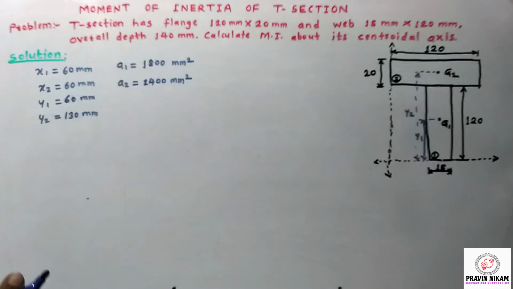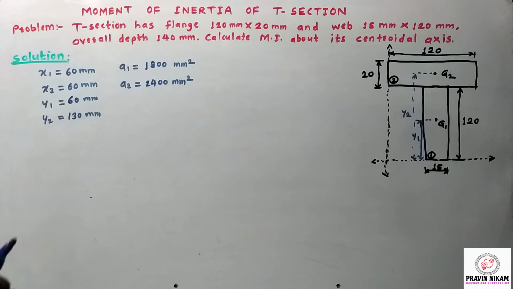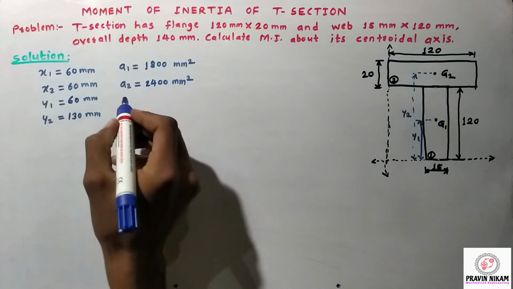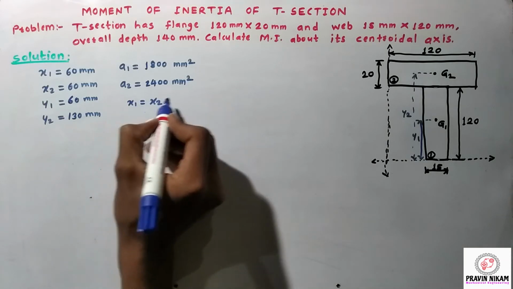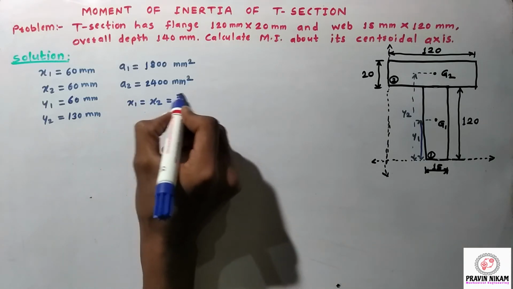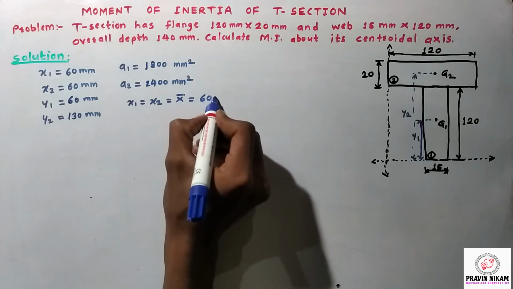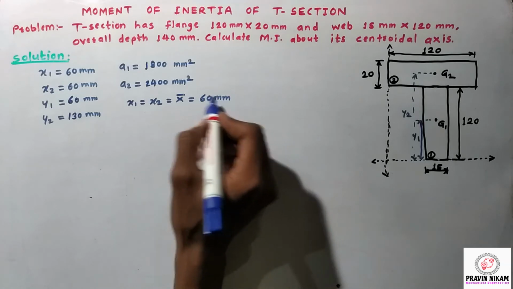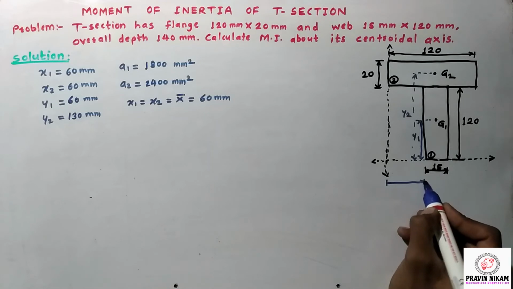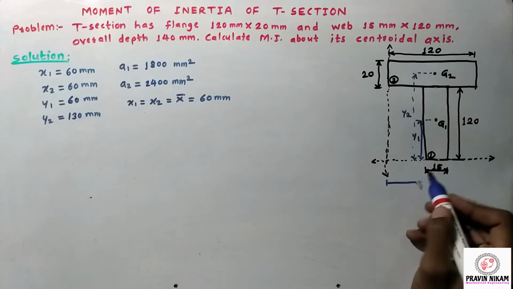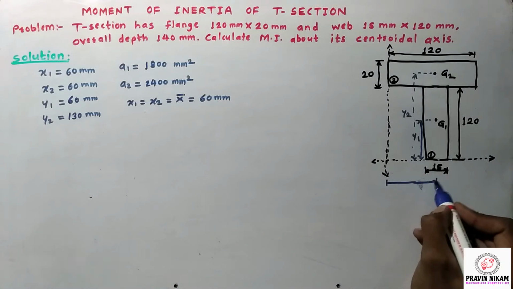So this is our requirement. Now if x1 is equal to x2, then that is also equal to x bar, so x bar is 60 mm.